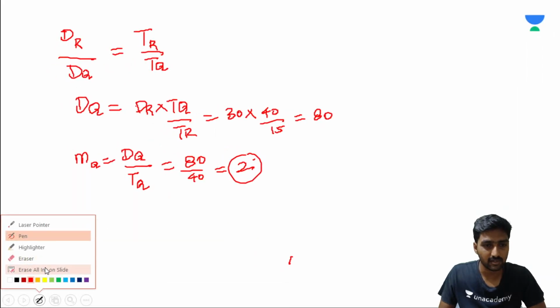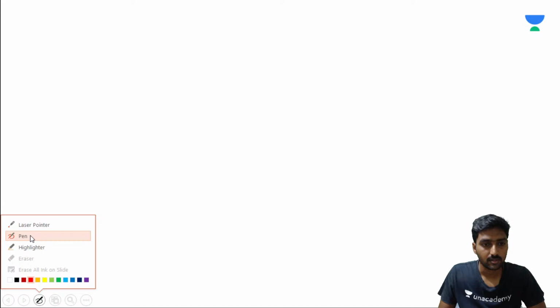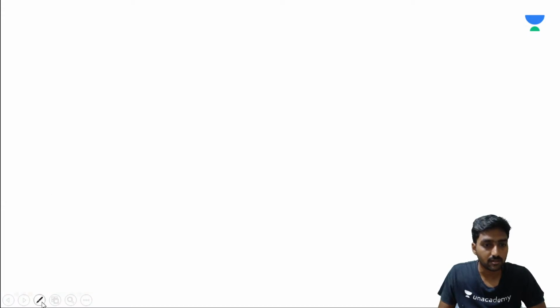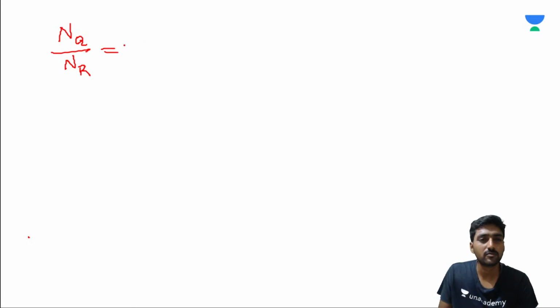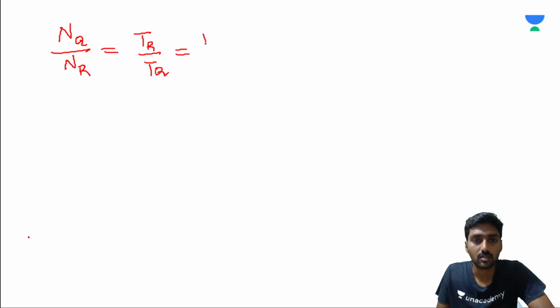The speed of Q is equal to the speed of R. We can mention it as n, speed. nQ divided by nR is equal to, rotating in the same direction, TR divided by TQ, that is dR divided by dQ.